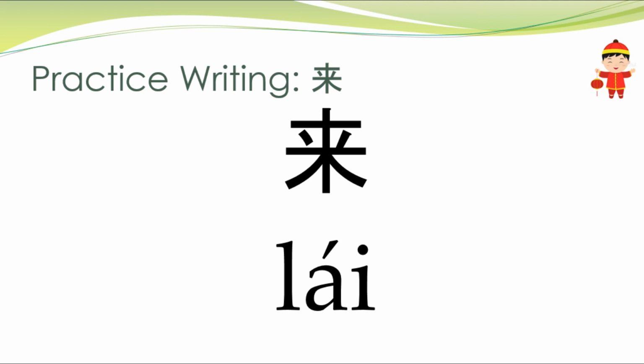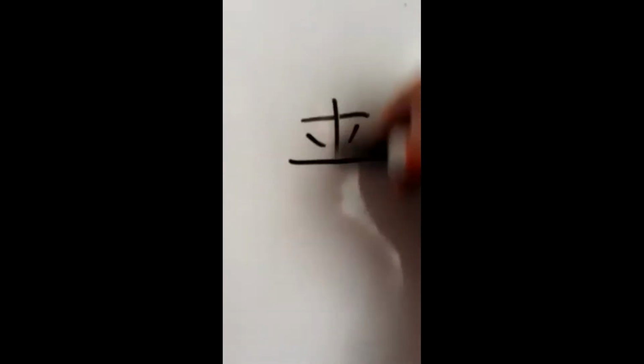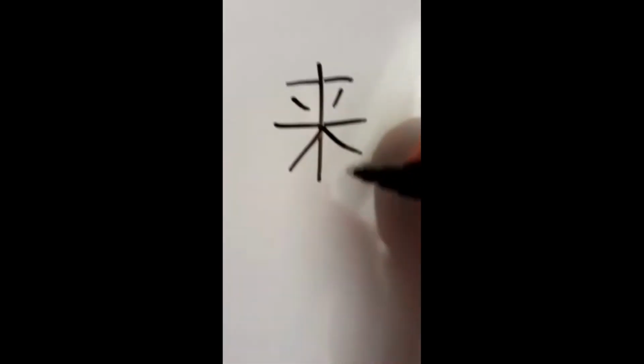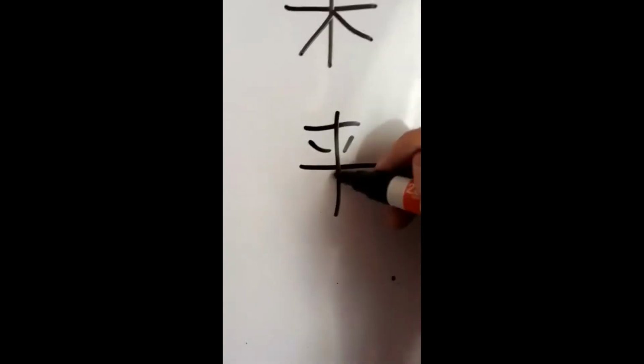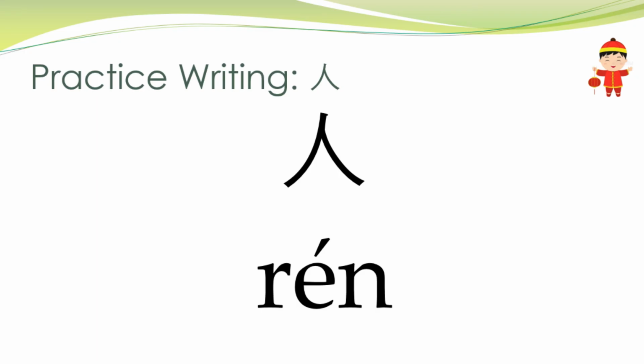Next character, we have lai. Lai means to come. So, please see the next clip para malaman paano ito isulat. Next character, we have ren. Ren means person or man.